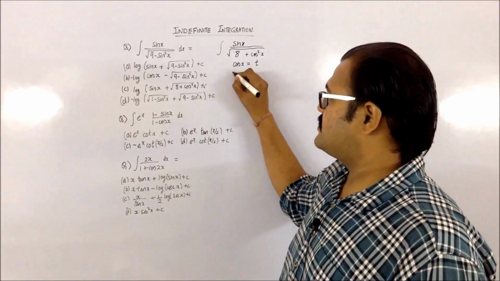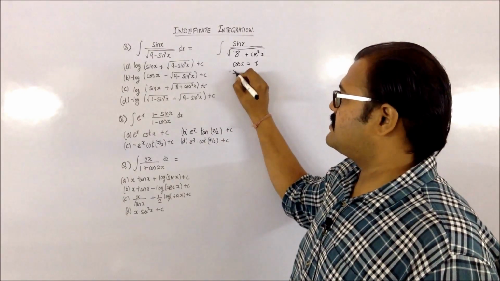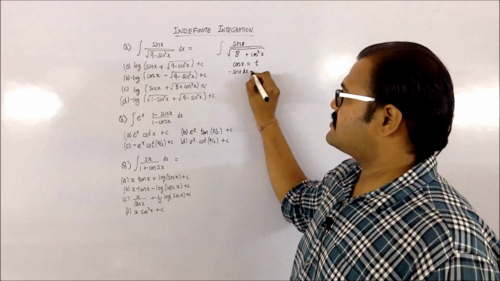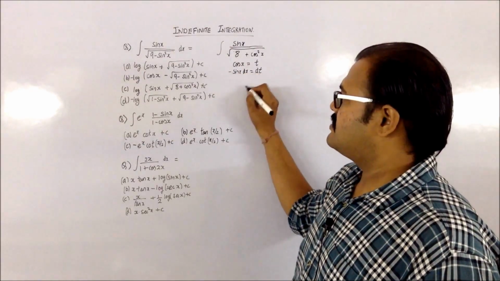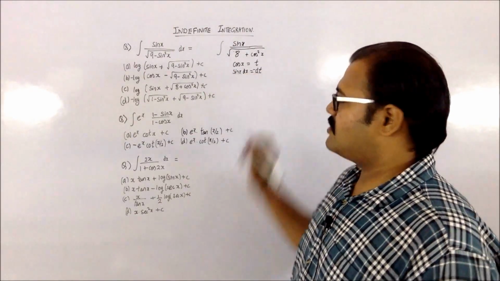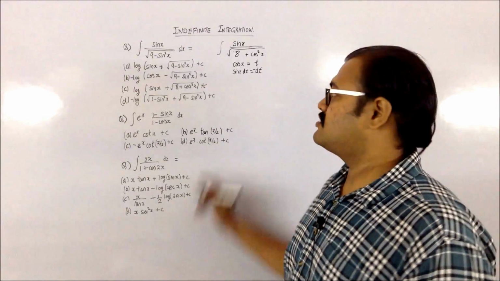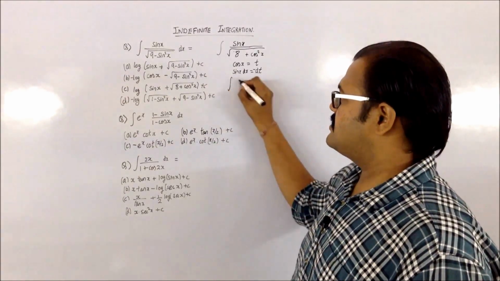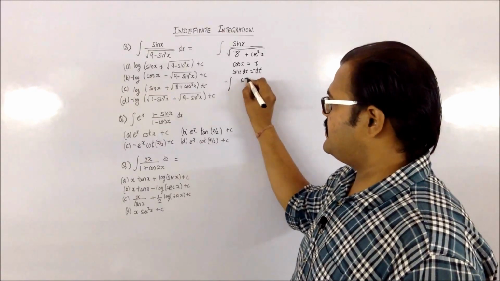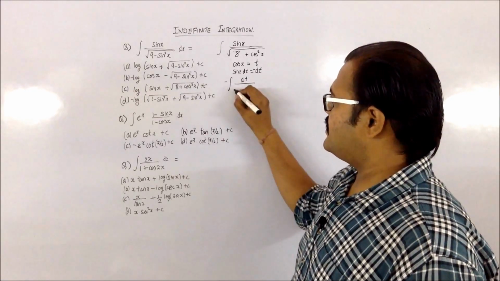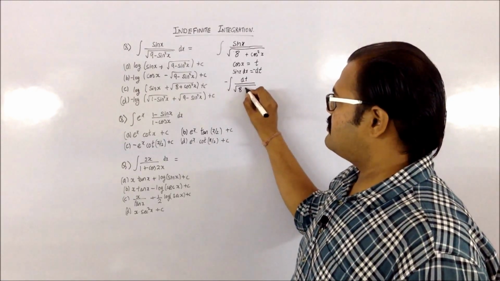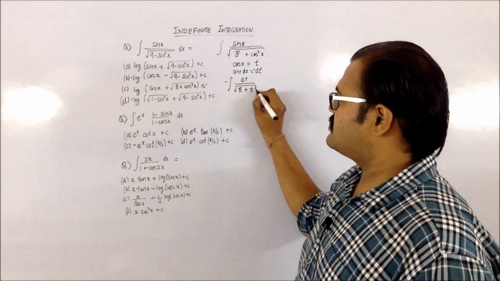So when you are taking the derivative of it, it's going to be minus sin x dx equals dt. So that minus will go along with dt. Now your integration is changed to minus dt divided by root of 8 plus t square.